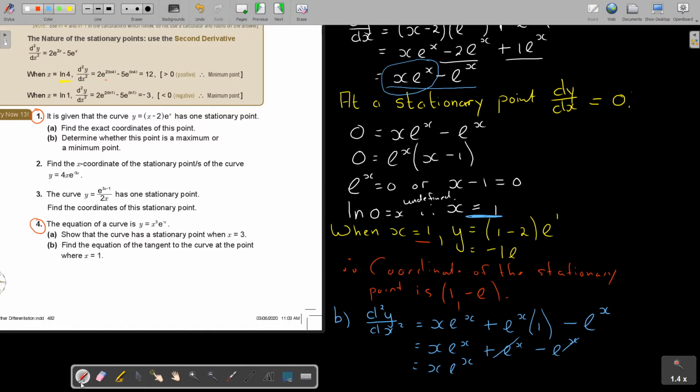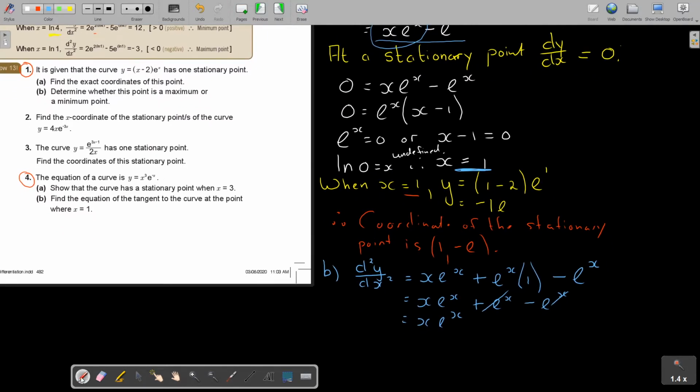So when x is 1, I'm substituting into this d²y over dx², and I substitute 1 in all the values of x. So basically it's just going to give me e. But can you remember what e is? e is 2.7 if you press it on your calculator. So this value is positive, bigger than 0.